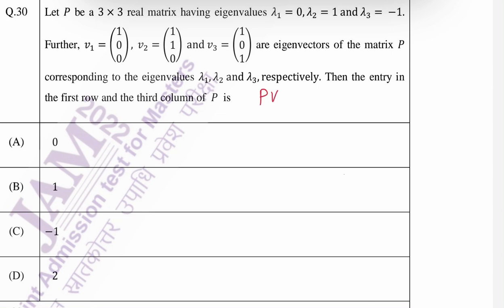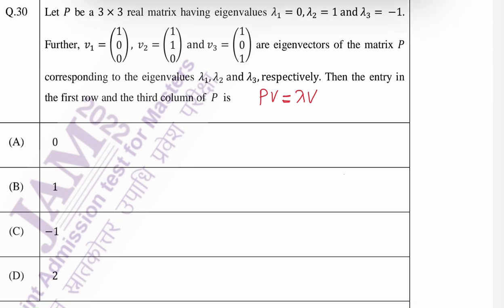PV, where V is an eigenvector, and this is equal to lambda V, where lambda is an eigenvalue.